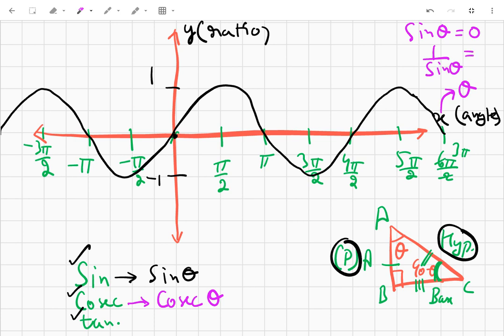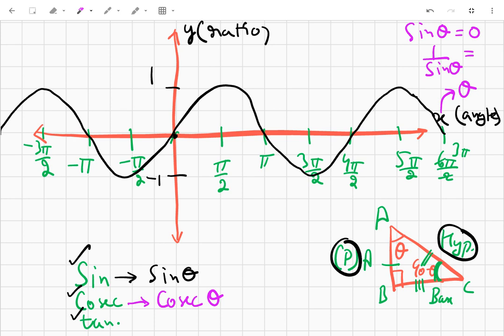When sine theta is 0, 1 upon sine theta will approach infinity. It will not give us a definite value. It will just not be defined. It will be approaching infinity. The value will keep getting larger and larger. I don't need to over explain limits.